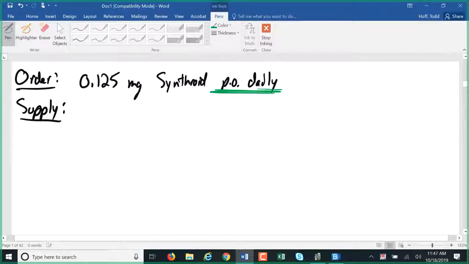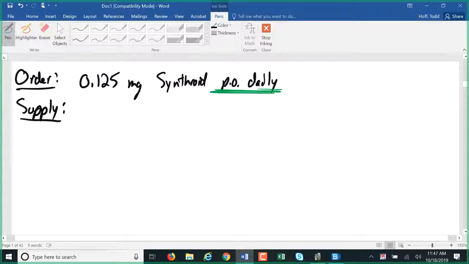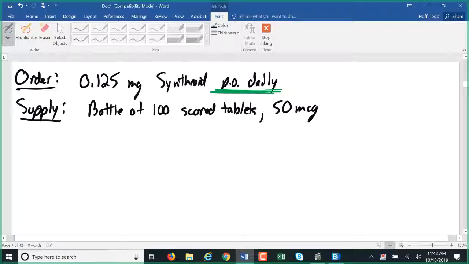By mouth, PO, orally. The supply: bottle of 100 scored tablets, 50 micrograms per tablet.